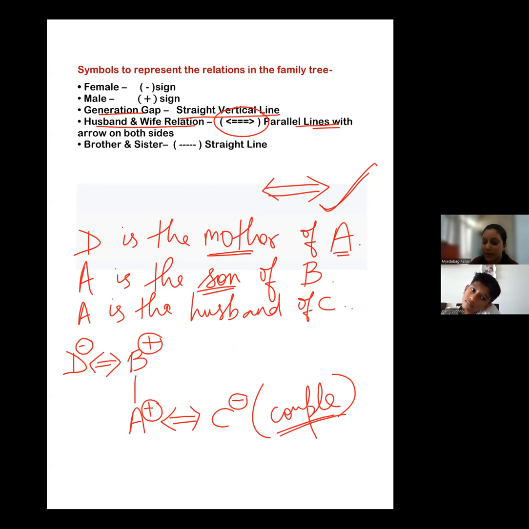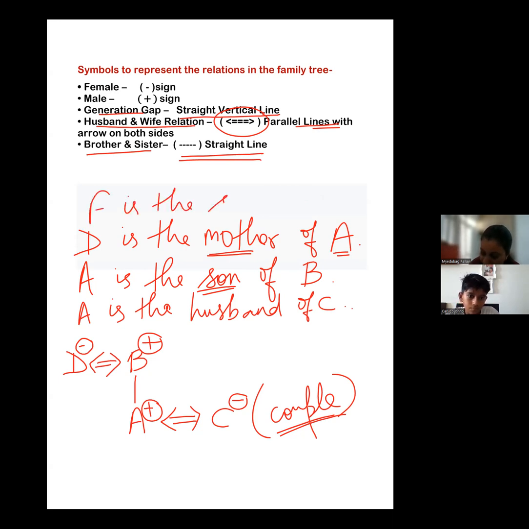Got it? If a chain is given, whatever information we keep getting from the question, we apply it on our family tree. Then brothers and sisters, the relation is only a straight line. If we add that F is the sister of A, then the sister of A will be in the same generation as A only, so I'll connect F with A like this.